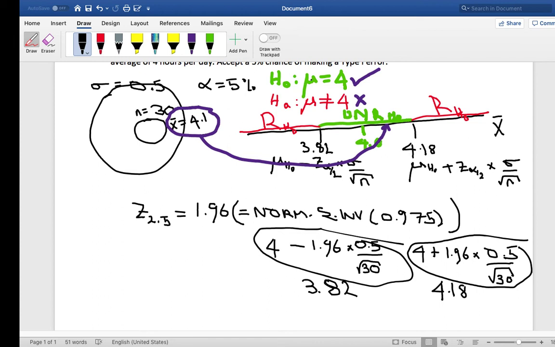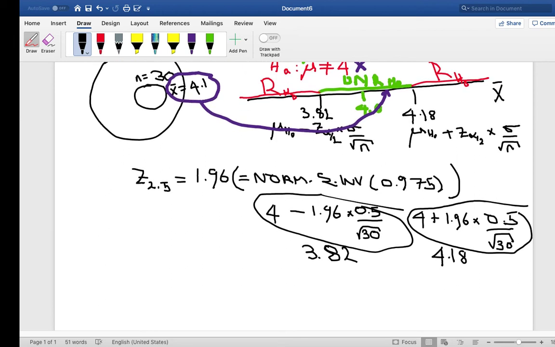So basically, the way we've answered this question is using the original units, the average hours per day spent studying. And so we can relate to the critical values, the hypothesis test, and the sample of 4.1 hours per day as well. Questions are very rarely done using these units.